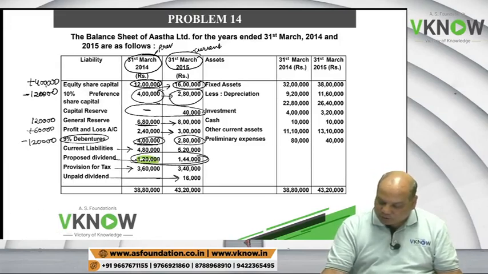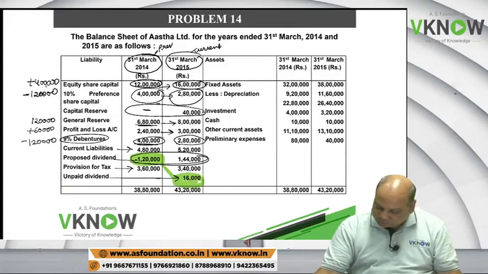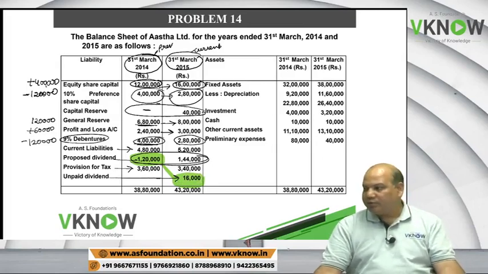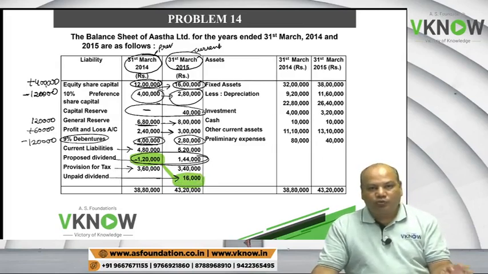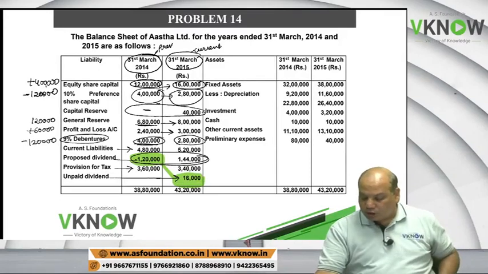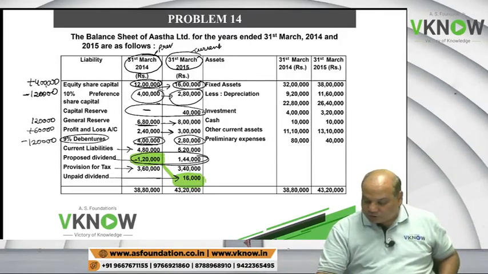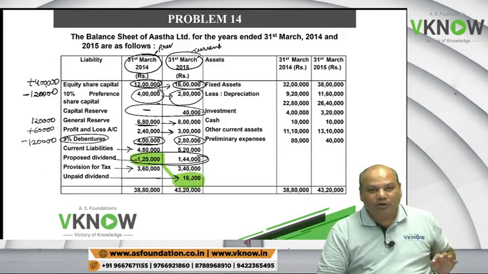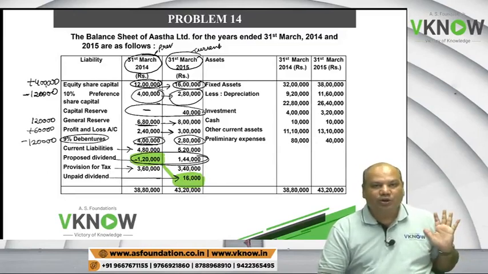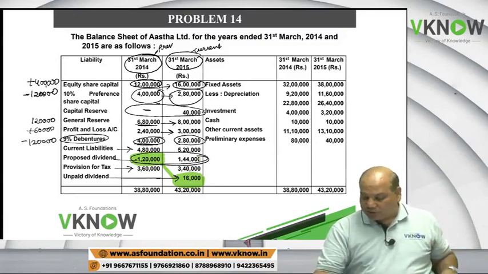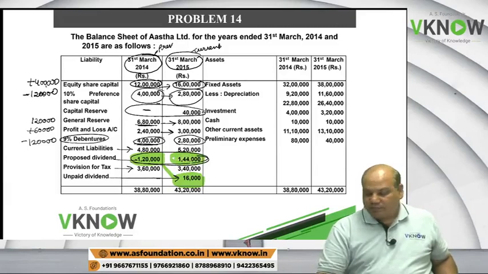Oh my God. So this is the proposed dividend of the last year. Out of that, 16,000 is unpaid. So this time we will have to be very careful. Out of opening proposed dividend, 16,000 is unpaid. Remaining amount is paid, and current year fresh provision will be made.